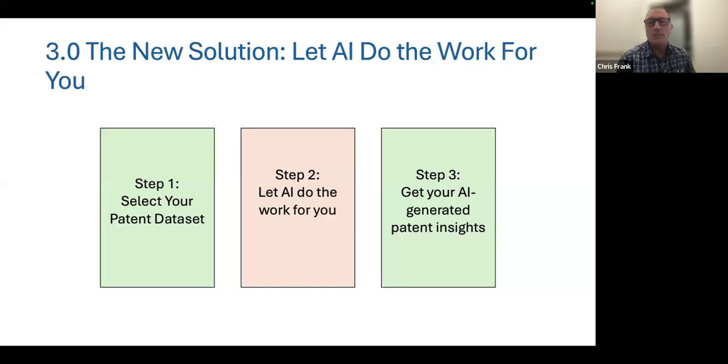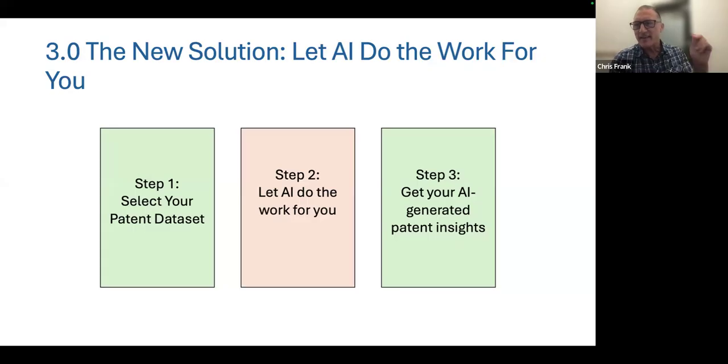And step number 2 is let AI do the work. And this is actually a very perfect use case for AI because it is an intelligence requiring step, but it's repetitive.